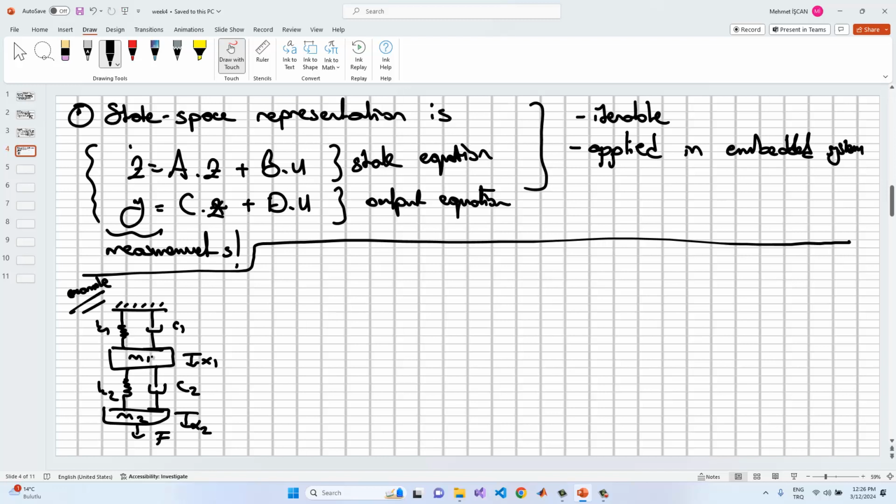So we cannot easily analyze this system based on the Laplace domain, and so we should utilize the state space representation based on the equations of motion of these terms, okay?